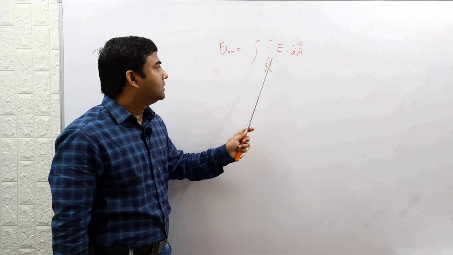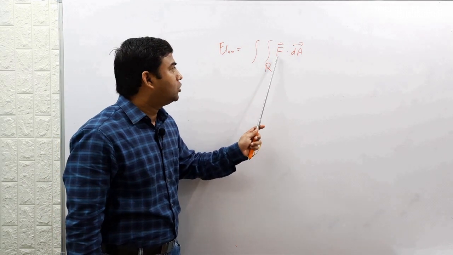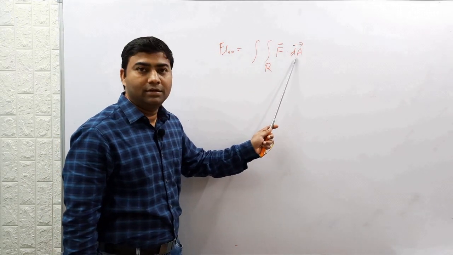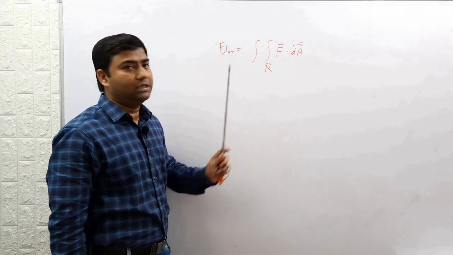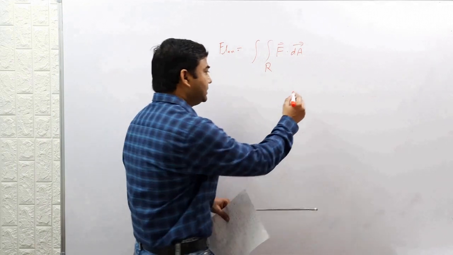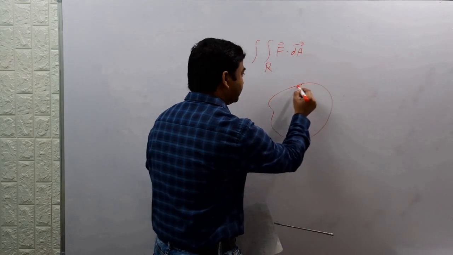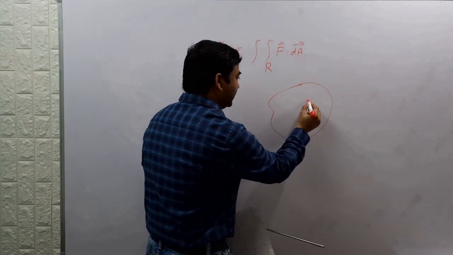This means integration of field dot area throughout the region. This is the region. This is the area dA.